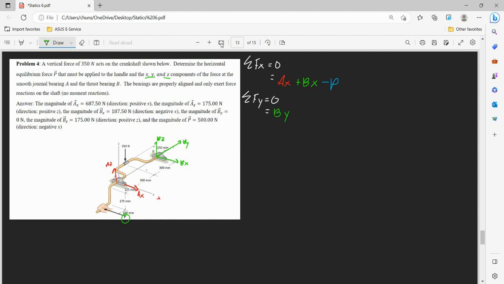So right off the bat, we can say BY is equal to 0 newtons, because that's the only value we have.